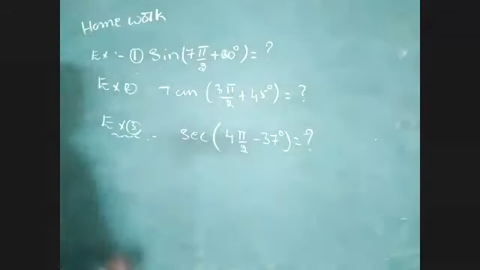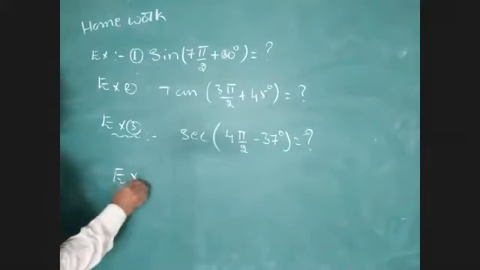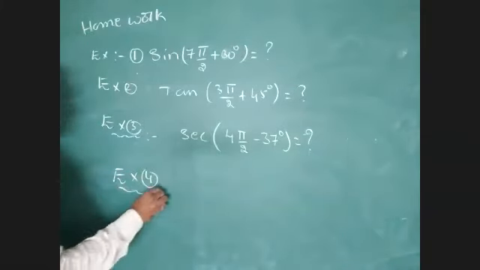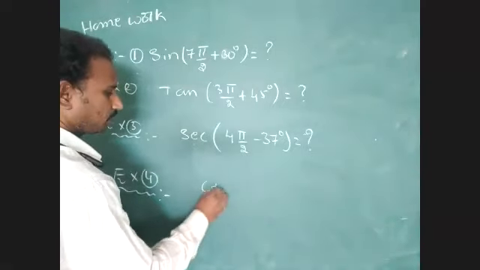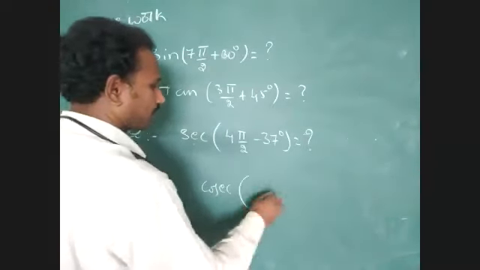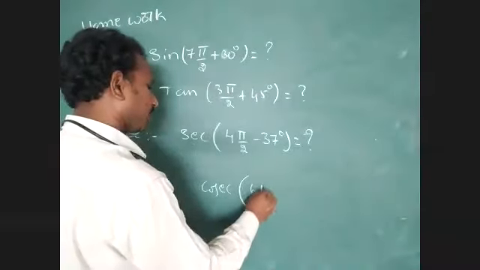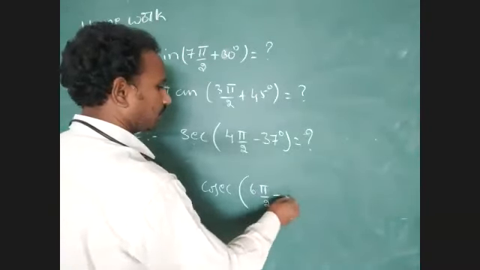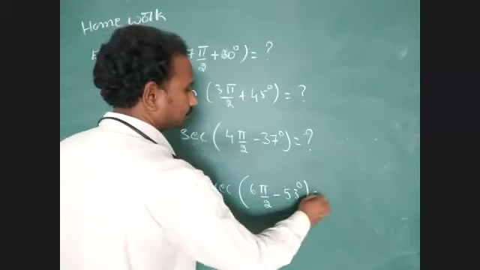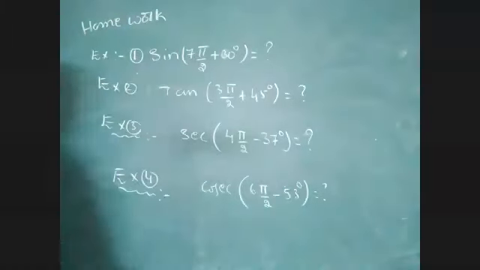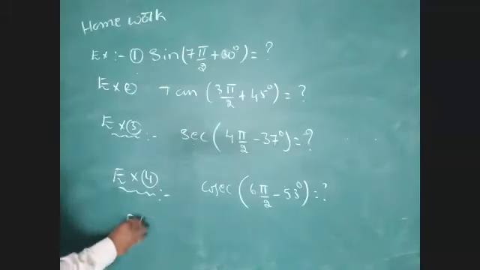Example 4: cosecant of 6 pi by 2 minus 53 degree.